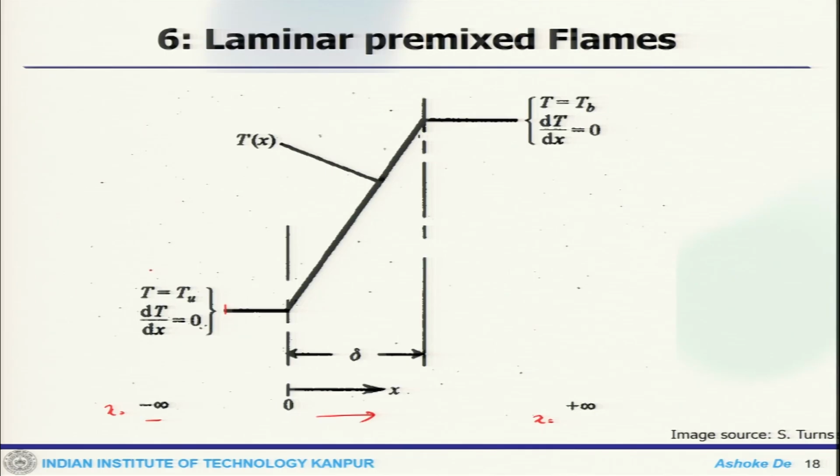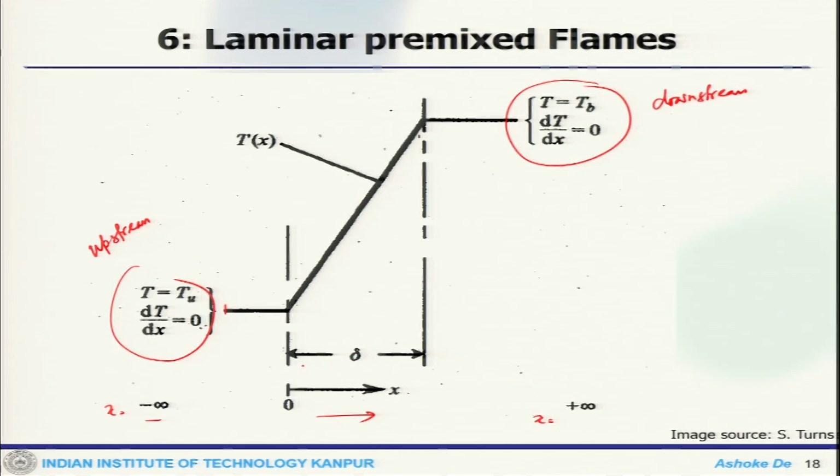So, this is the upstream boundary condition, this is the downstream boundary condition, and this is the delta. See, this delta is the flame thickness where you have this temperature. Now, the assumption here is that this T(x) is linear.